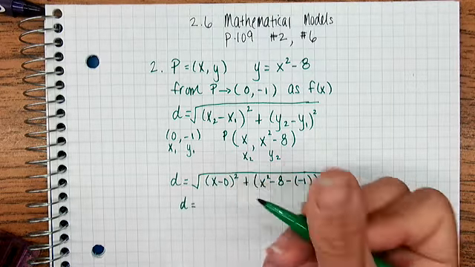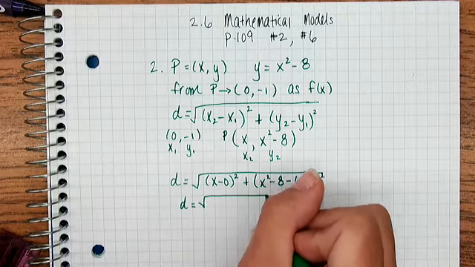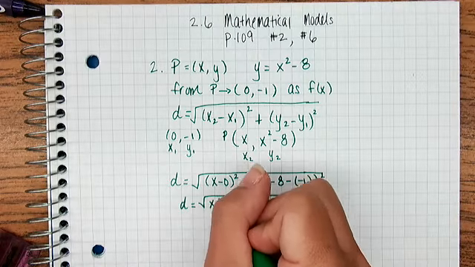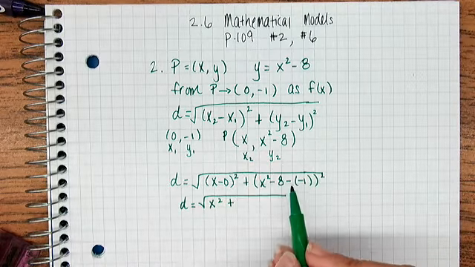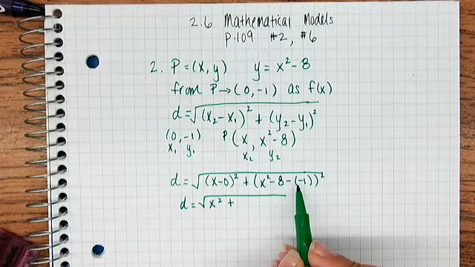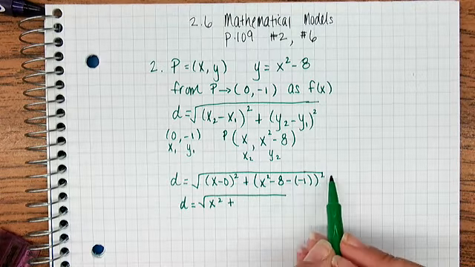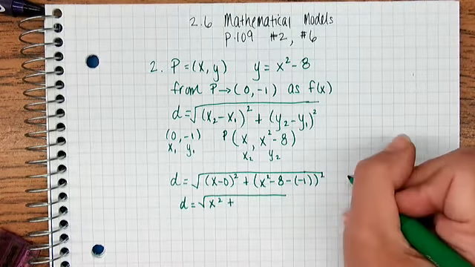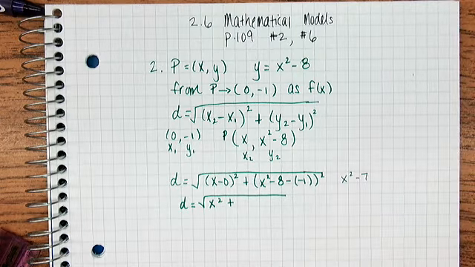FOIL, etc. And you get the square root of x squared plus, this is negative 8 plus 1, which last time I checked is negative 7. And then I'm going to square that whole thing. So this is x squared minus 7.